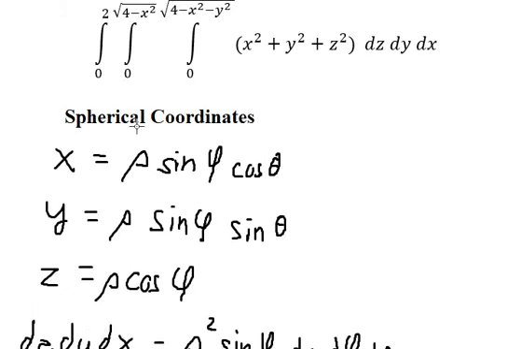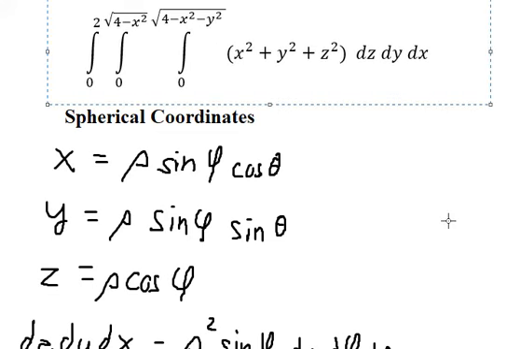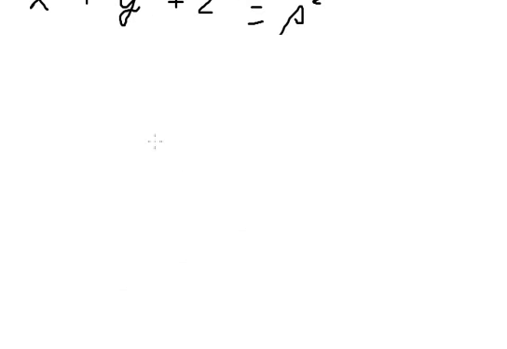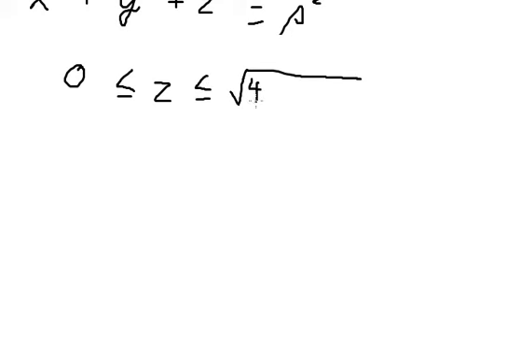Now, the next one is about the bounds. In this situation, for dz, z is greater than or equal to 0 and smaller than or equal to the square root of 4 minus x square minus y square.